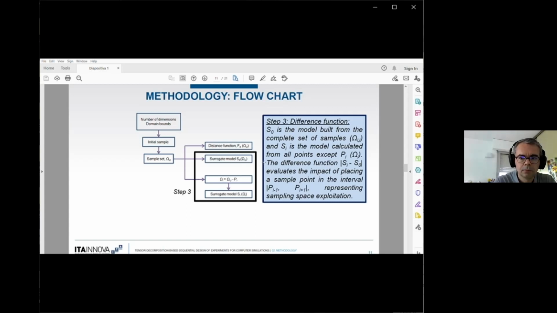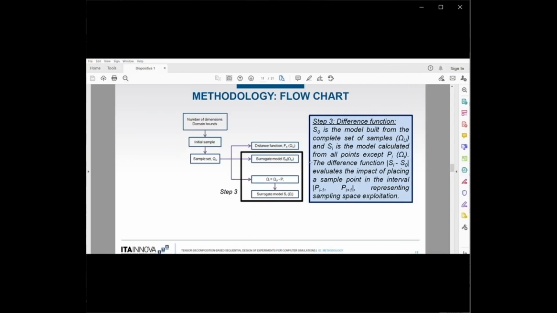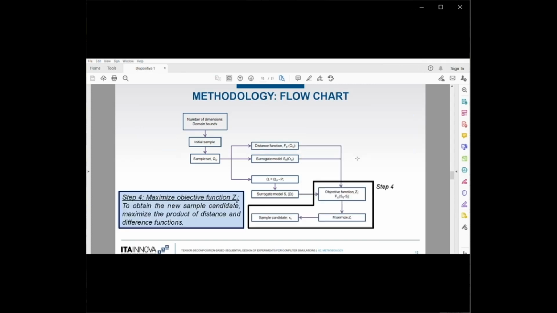The difference between the two systems' outputs is linked to the response surface gradient in the area around the removed point. The larger the difference, the more points are needed in that area to guarantee model accuracy in that region.